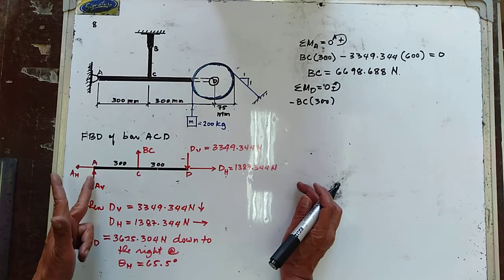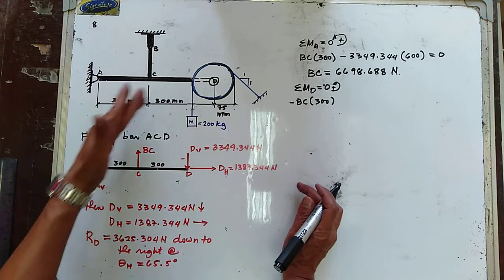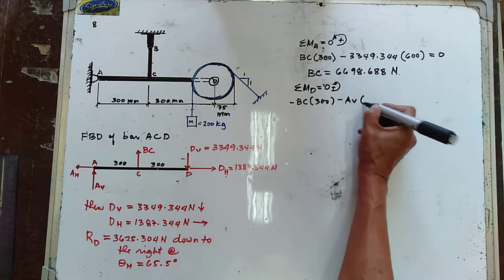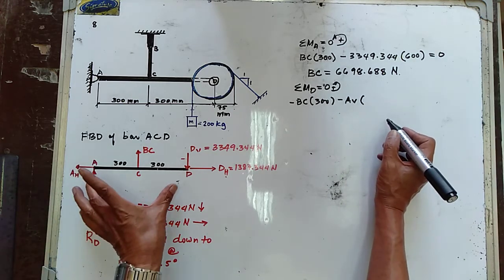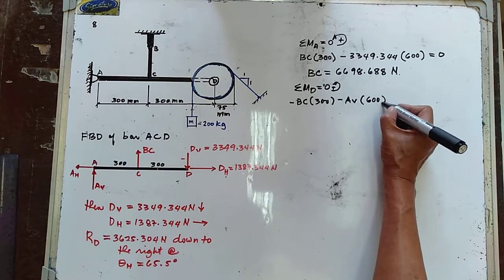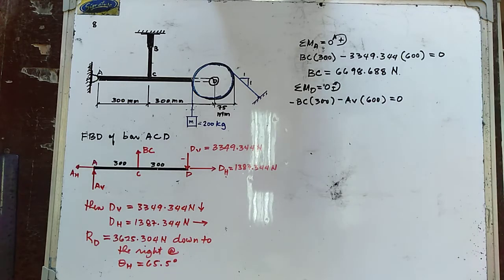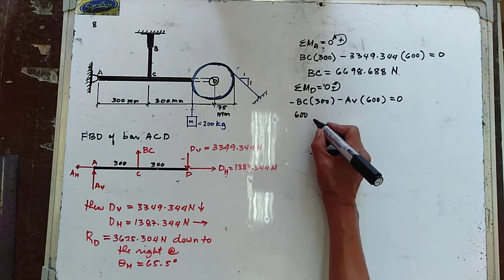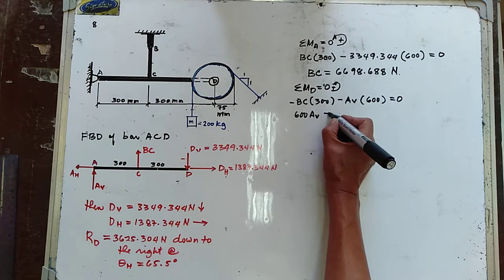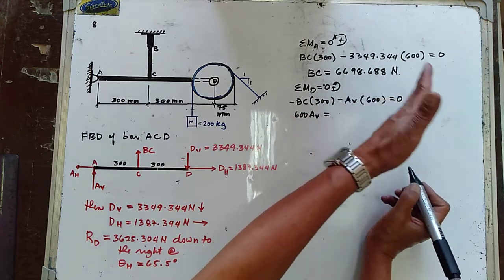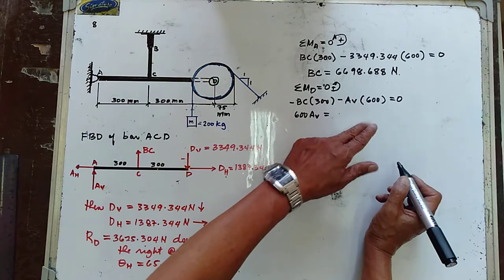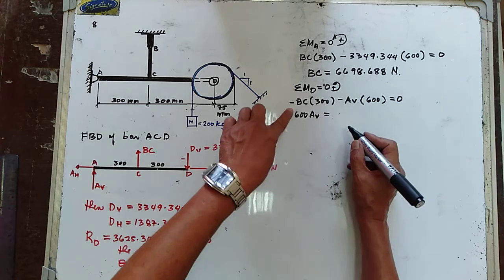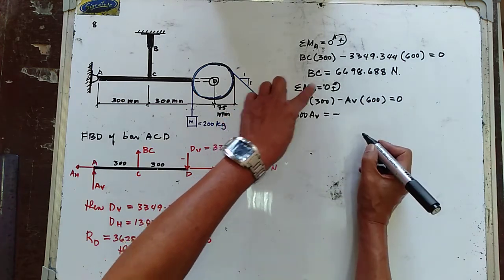And then we have your A vertical, which is also going clockwise about point D. So minus A vertical, the moment arm is 600 millimeter, and that is equal to 0. So we have 600 AV is now equal to, transposing this to the other side of the equation, so it will become positive.